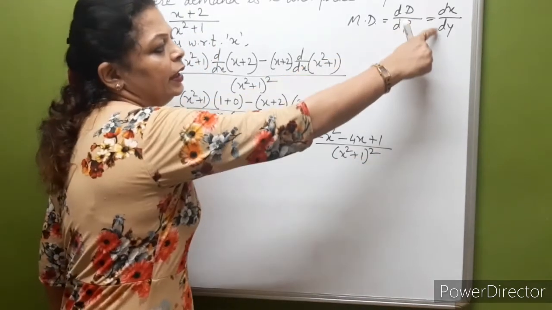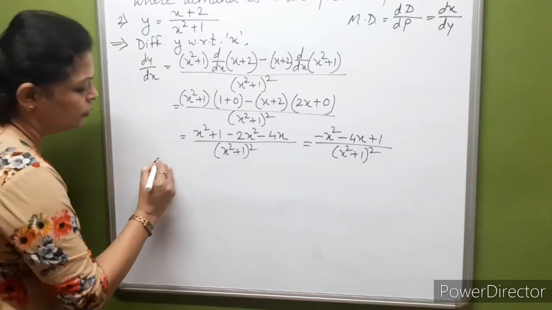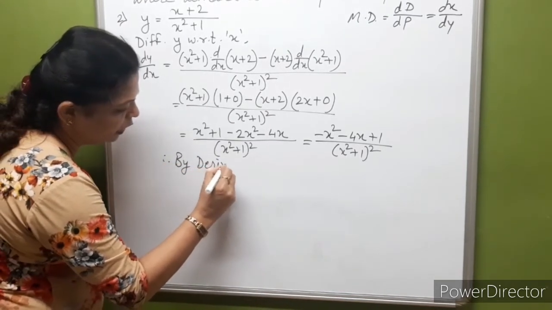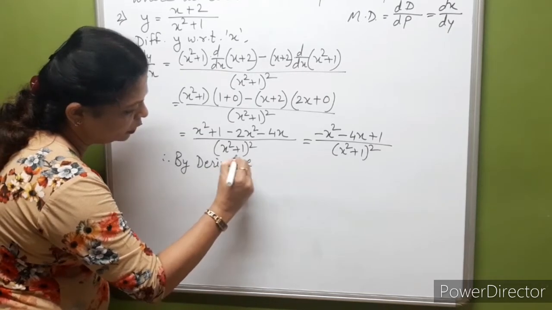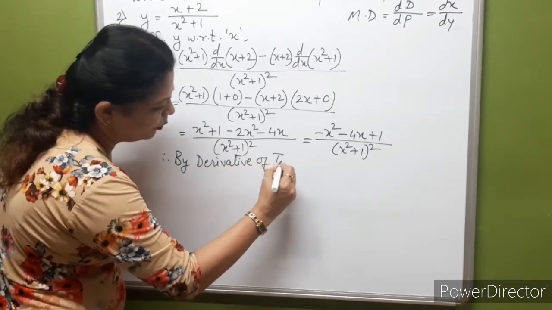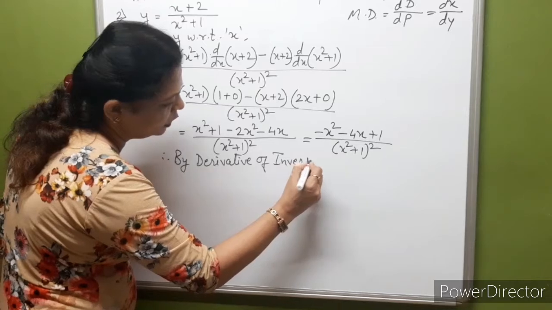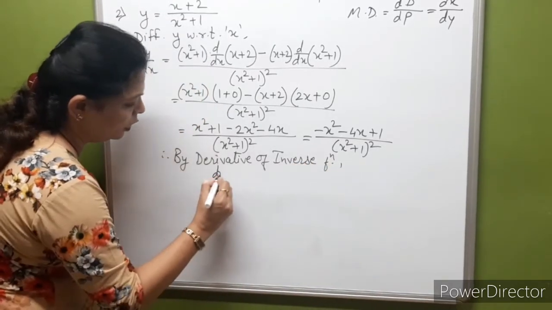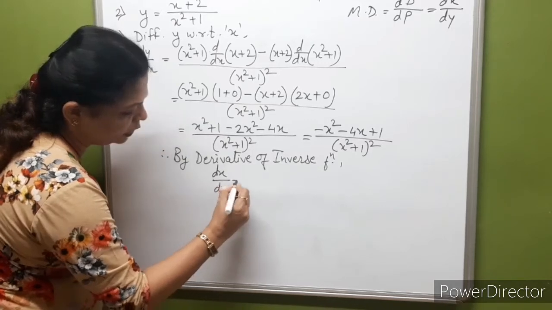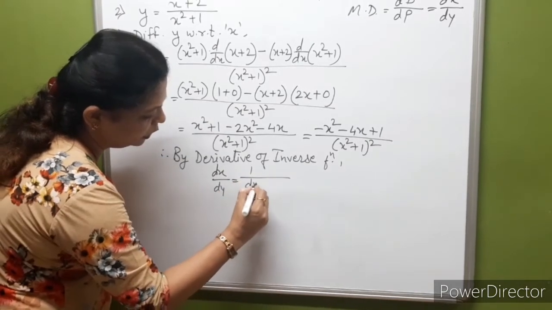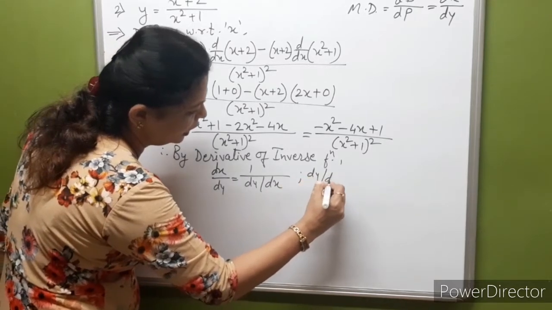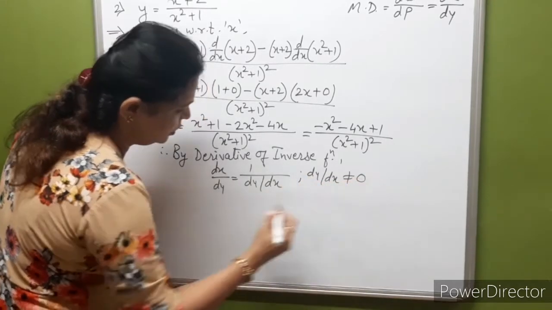We have to find dx by dy. So therefore by derivative of the inverse function, first we'll write the formula and then you substitute. Inverse function: dx by dy is 1 upon dy by dx, where dy by dx is not equal to 0.